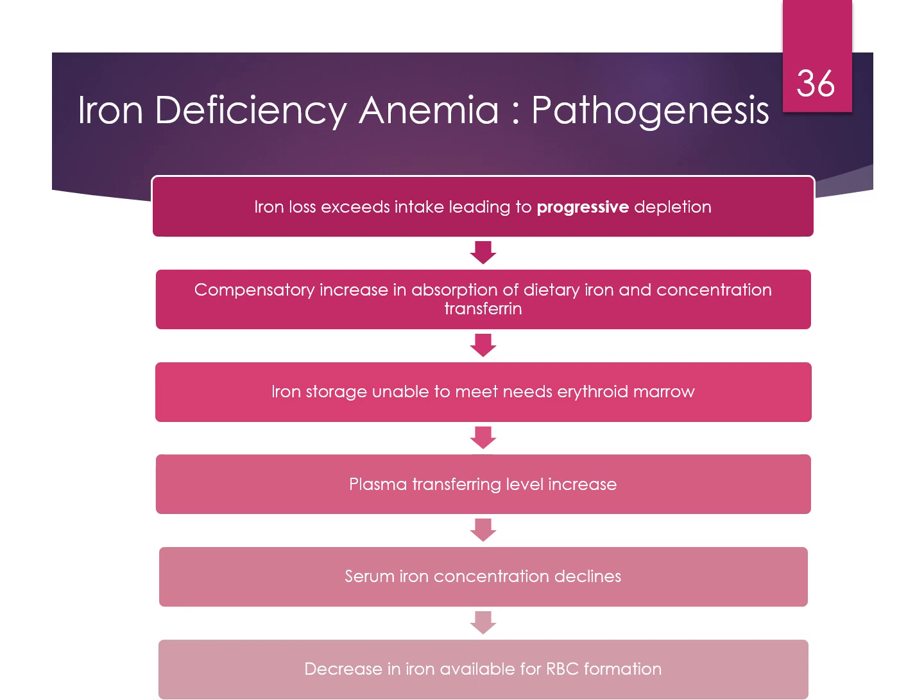The iron storage, however, is unable to meet the needs of the erythroid marrow. Because it's unable to meet that need, plasma transferrin levels increase. With the increase of the plasma transferrin levels, you get serum iron concentrations that decline. And that decline thus leads to iron not being available for RBC formation.